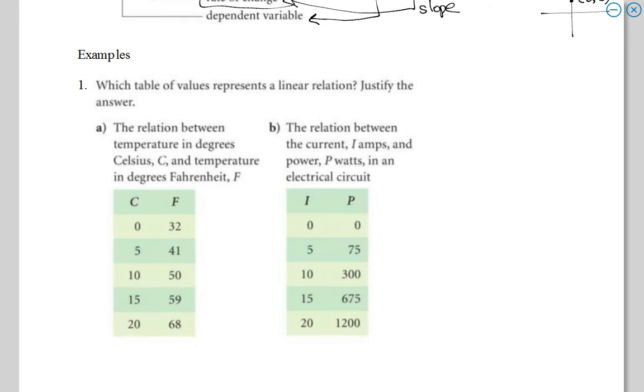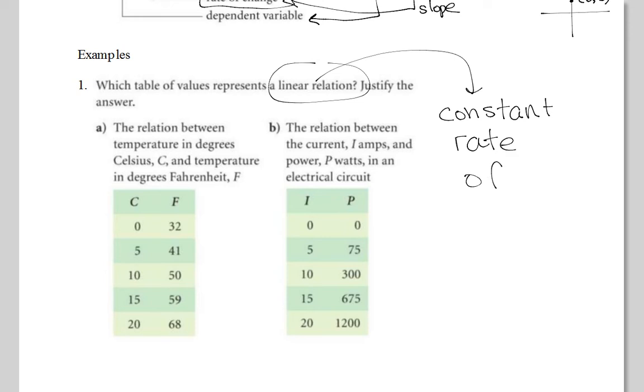So this would be an example of a multiple choice question that you'll see on Friday. Which relationship is linear? How do you know something's linear? Well, it has to have a constant rate of change.